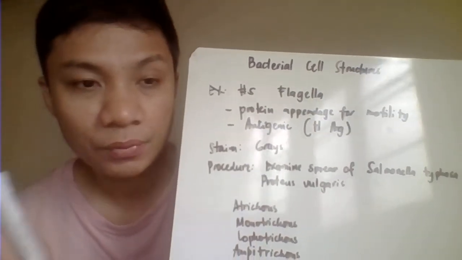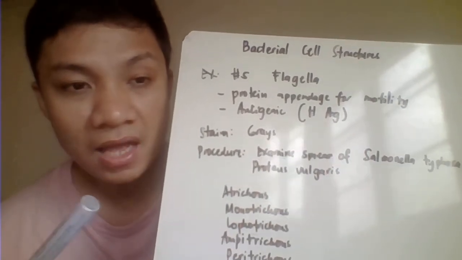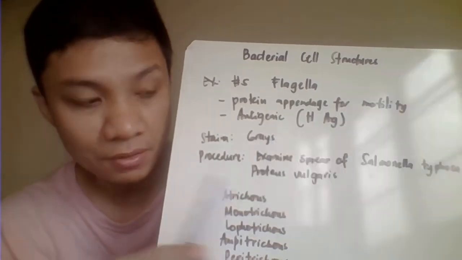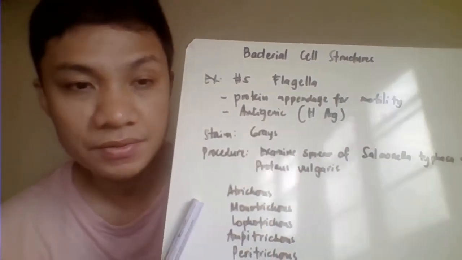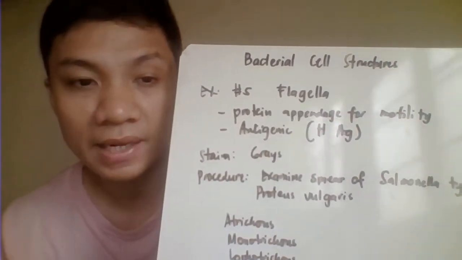There are microscopic fields that you need to draw. Atrichous means the bacterial cell has no flagella. Monotrichous organisms contain only one flagellum at one end.